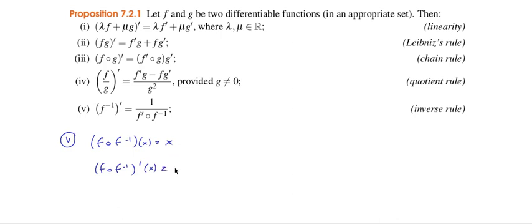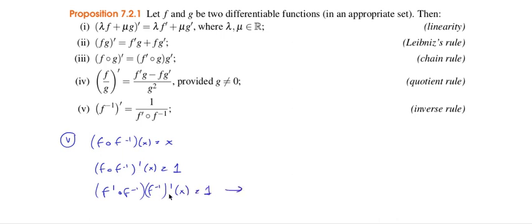The derivative of x is 1, as we know, but in order to compute the left side, we need to apply the chain rule, right? So this is f prime composed with f inverse, times the derivative of f inverse at x, equal to 1.